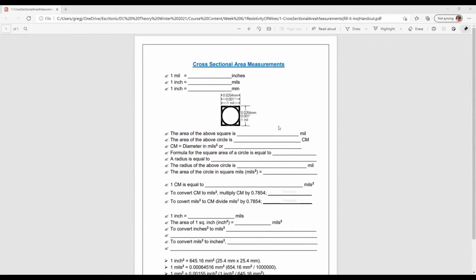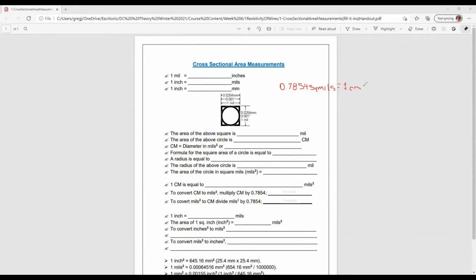Also, we can determine how many circular mils we have in a bus bar. I already told you that every time we have 0.7854 square mils, we have 1 circular mil.